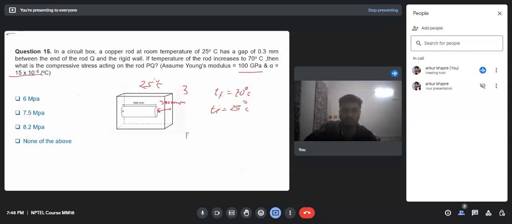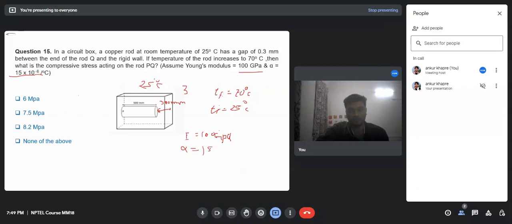We have been given the Young's modulus E value, 100 GPa, and the alpha value is also given here.